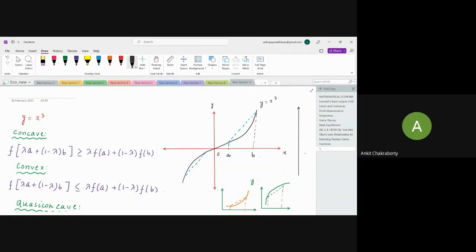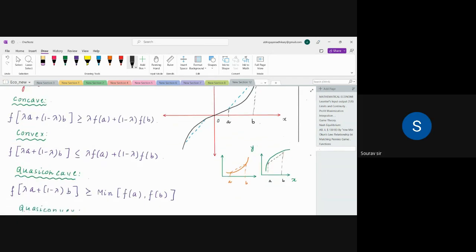If you just look at these two small graphs that I have just constructed, by concave, I mean it is basically bending towards the x-axis, and by convex, I mean it is bending away from the x-axis. And how do I decide that? Because I am viewing it from bottom to top.